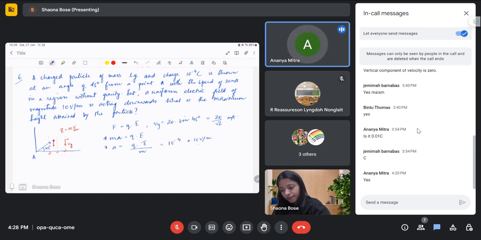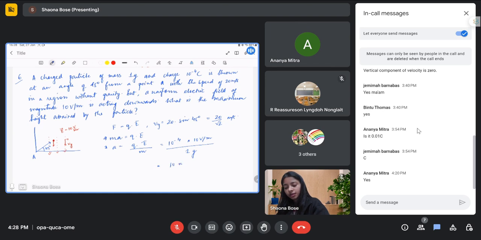So I convert m into kilogram, and we obtain a equals 10 meter per second squared. Correct. So here you get the acceleration.